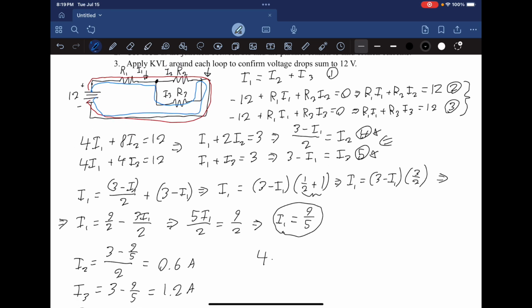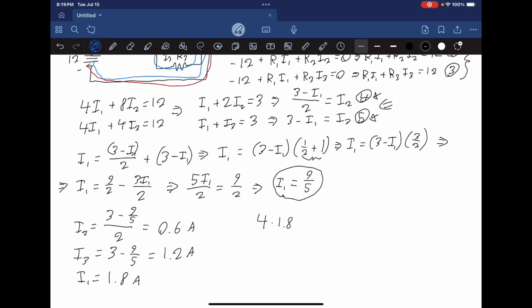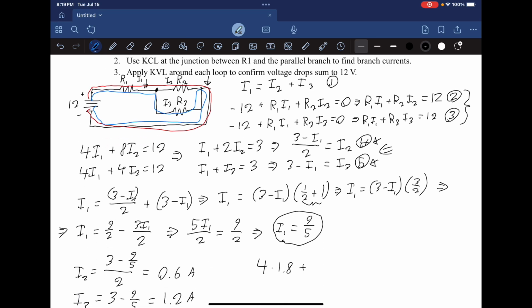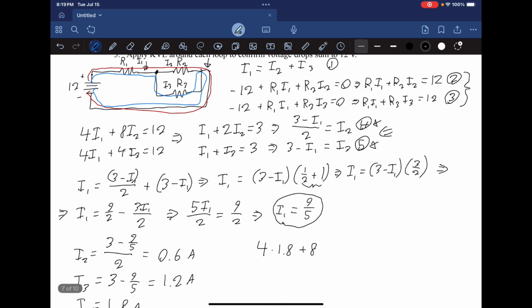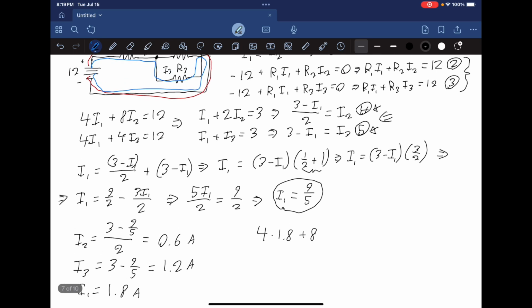So we have 4 times I1, which is 1.8. And then R2 is 8 ohms, and I2 is 0.6. I'm going to plug that into the calculator there. So 4 times 1.8 plus 8 times 0.6 does equal 12.